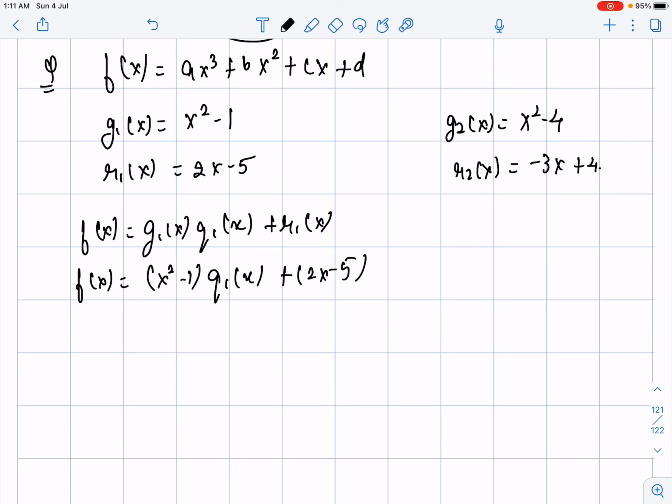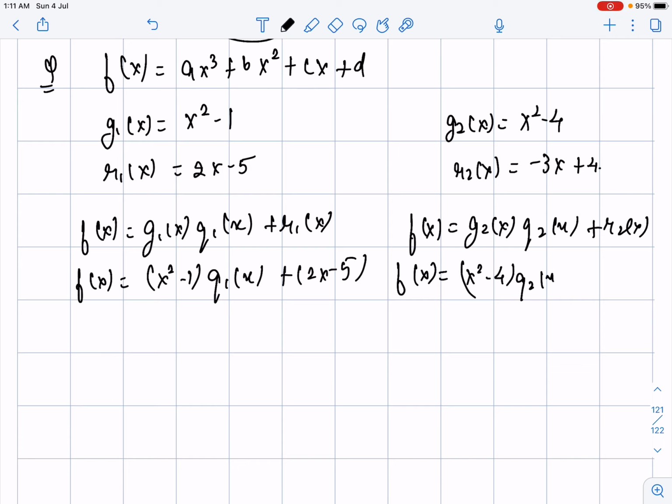Now the second division algorithm will be written like f of x is equal to g2 of x multiplied by q2 of x plus r2 of x. So f of x is equal to x square minus 4 multiplied by q2 of x, and r2 of x will be minus 3x plus 4.